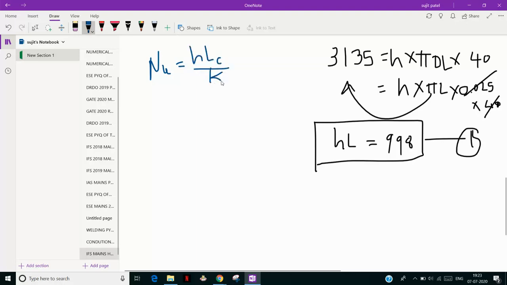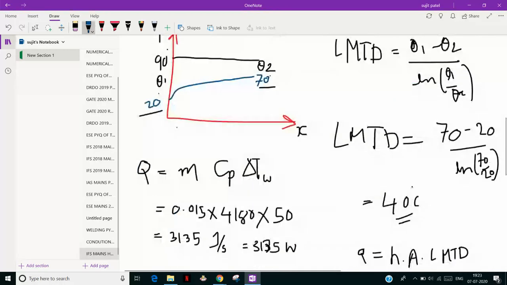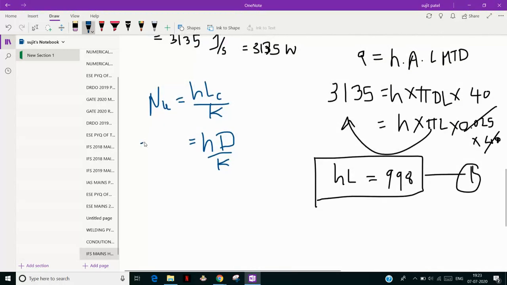Lc is the characteristic length, and the characteristic length in our case is the diameter, as I mentioned, because the flow is thermally and hydrodynamically fully developed. Nusselt number value is 3.657.